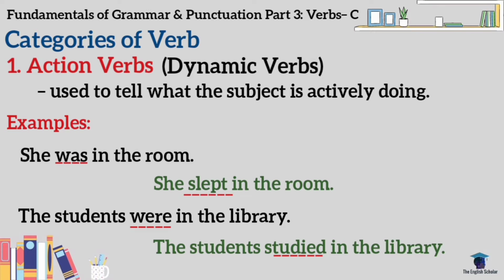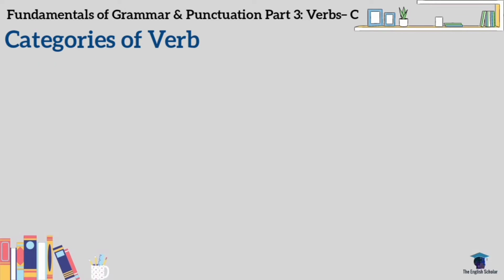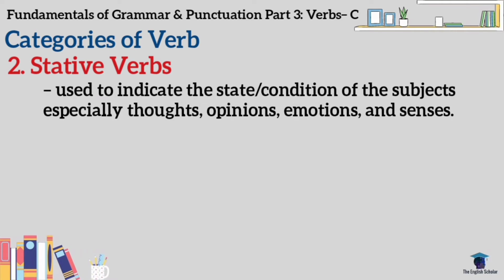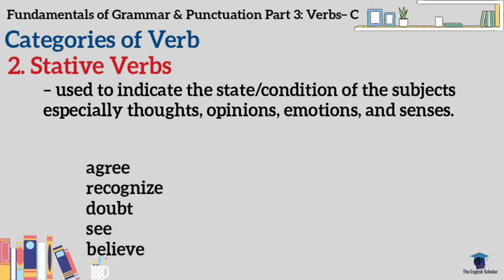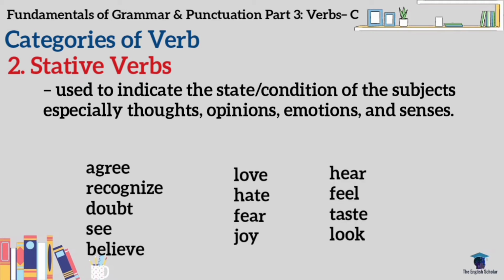Now that we see the importance of action verbs, let's move on to the second one: stative verbs. Unlike action verbs, stative verbs indicate the state or condition of the subject, such as thoughts or opinions, like agree, recognize, doubt, possession, or emotions like love, hate, fear, and joy, or senses like hear, taste, feel, look.